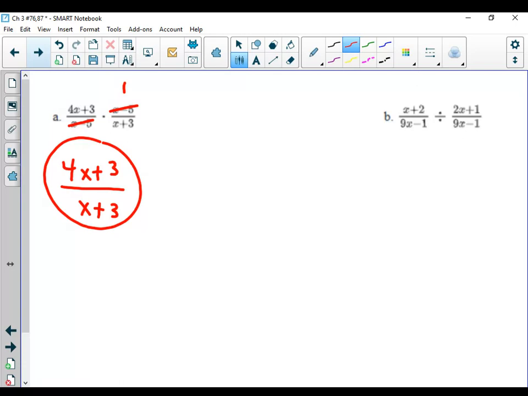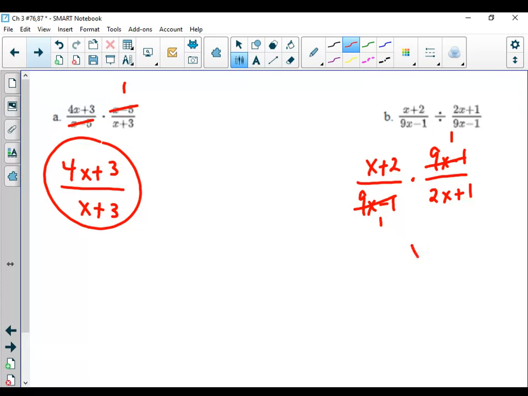Over here, we've got division. So just like we said a second ago, before I deal with any simplifying, I'm going to flip it over. So when I flip it over, I've got this now. Now I'm looking for the same stuff. Do I have anything I can simplify? And we're lucky enough with 9x minus 1s.